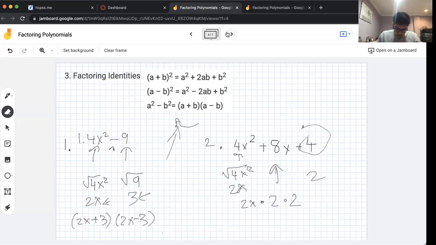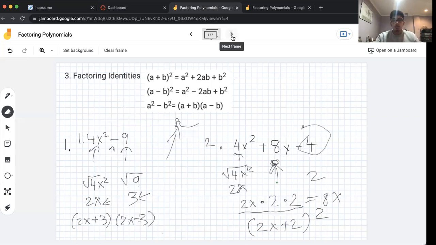And 2x times 2 times 2 is equal to 8x, which indeed is this middle term. So now we have proved that this identity can be used. We can simply write this factored form as 2x plus 2 quantity squared.